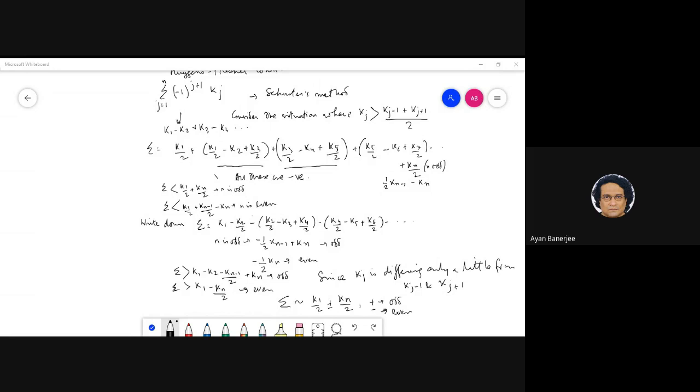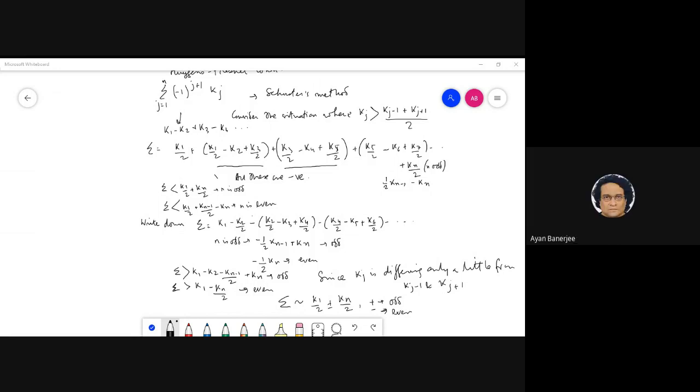The argument will still remain, it will just reverse the way I did. So basically the problem happens, as you were saying, when some of the bracketed terms differ in sign. It is perfectly fine when all the bracketed terms have the same sign.